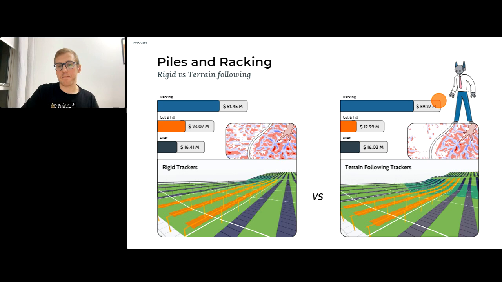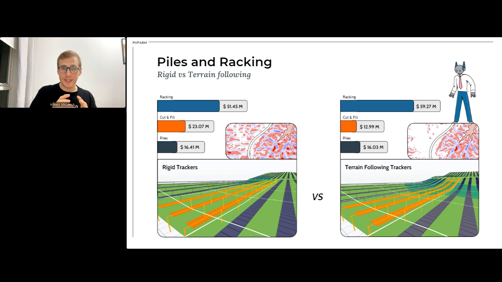And basically we need to analyze all those components together. And essentially, that's how the racking affects the piles. Again, we see those three bros here, cut, fill, piles, and racking, and those things are hard to separate and to consider independently.